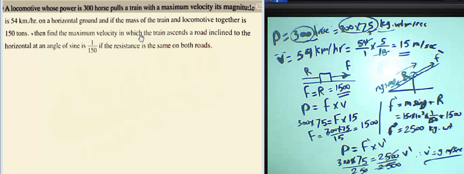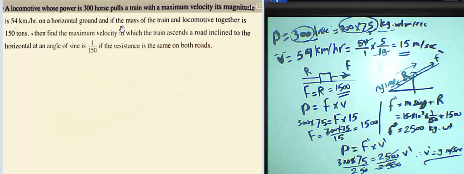Okay, understood? Again, a locomotive whose power, he gives us the power 300 horse. We must convert from horse to kilogram meter per second by multiplication by 75. And the velocity in kilometer per hour, convert it to meter per second by multiplication by 5 over 18.